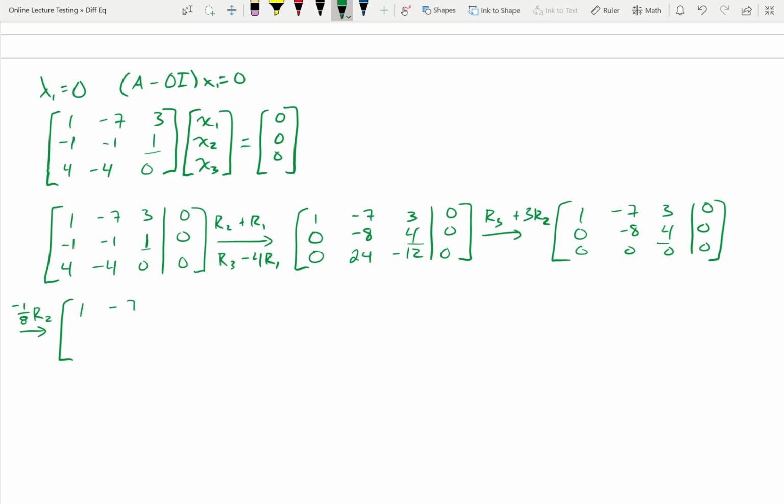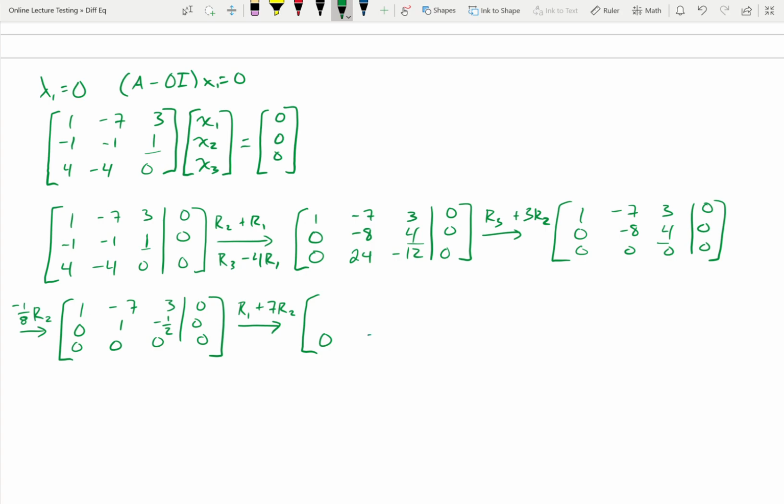So 1, -7, 3, 0. The bottom row is zeros, and then when I get to the second row, I'm going to get 1, -1/2, and 0. So that makes life a lot better. And then one last step here is, let's see if we can get rid of this -7, which we can. So we're going to do row 1 plus 7 row 2.